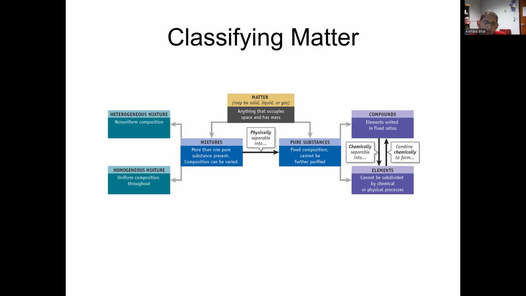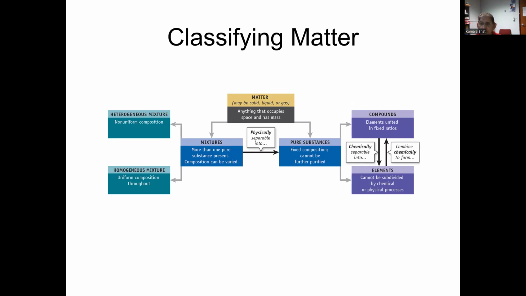Mixtures are considered as homogeneous mixtures and heterogeneous mixtures. Homogeneous mixtures have uniform composition. Heterogeneous mixtures have non-uniform composition. A pure substance has fixed composition and cannot be further purified. Pure substances can be divided into compounds, which consist of elements in fixed ratio and can be chemically separated into or combined from elements.